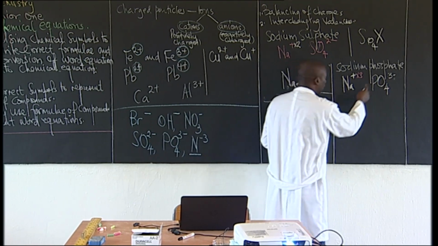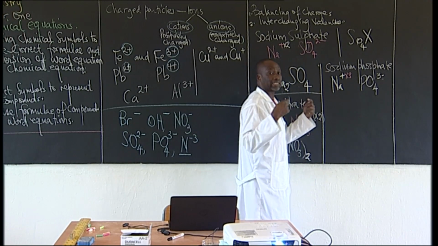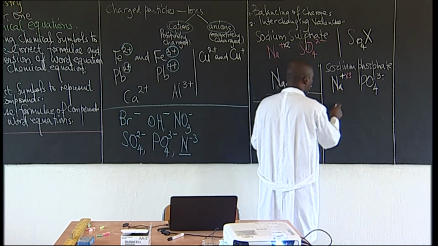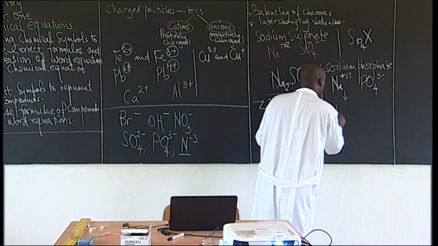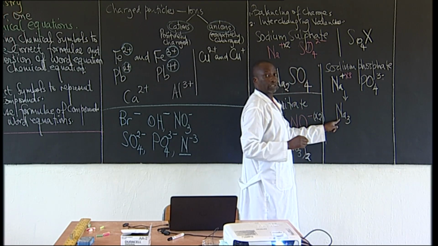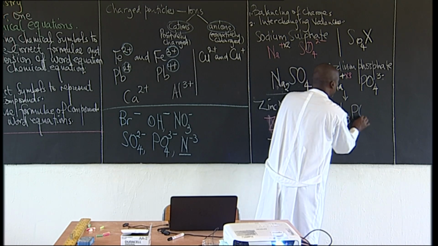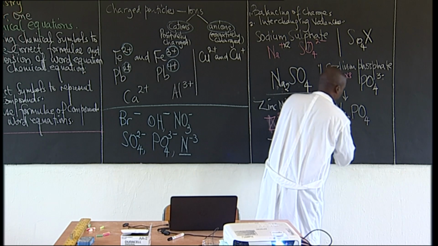So what do we do? The factor that we have multiplied here must be written as a subscript of this element. So this one will be written as sodium. You remember we wrote it. This 3 is this one that we are writing here. And then bring the phosphate like this.